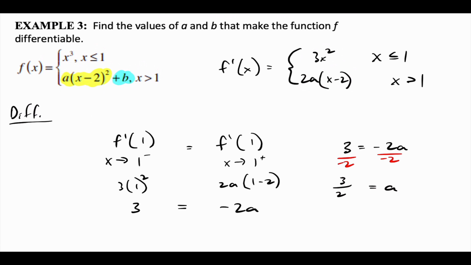So a is negative 3 over 2. Plug that back in to the original. Anywhere you see an a, plug in a negative 3 over 2. What do we plug in for x, though? 1.